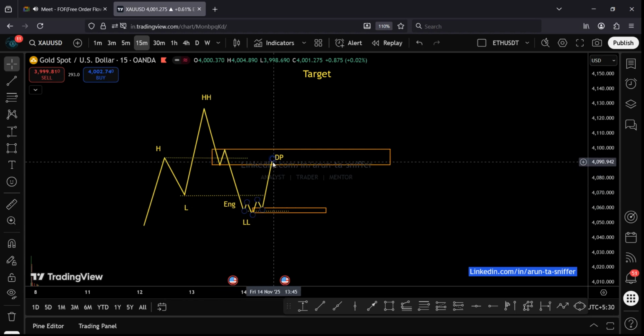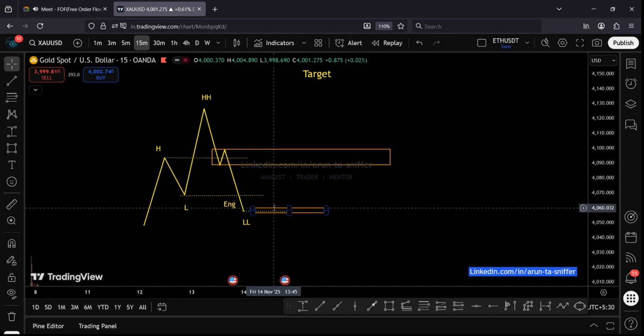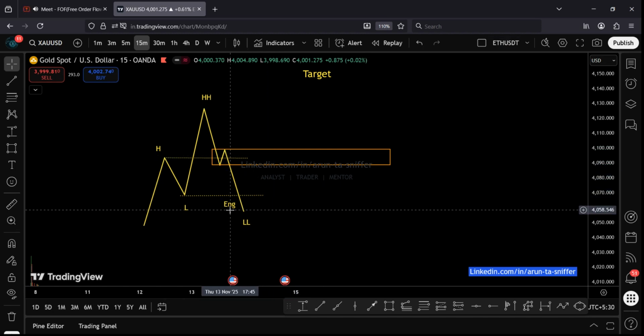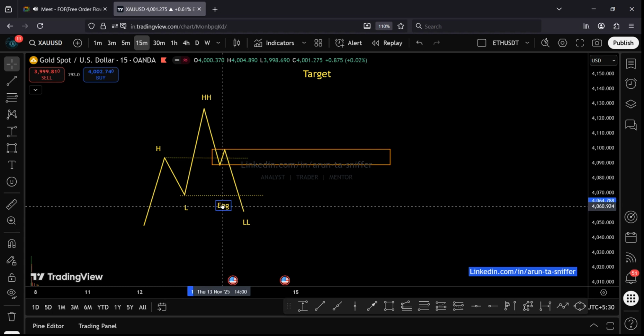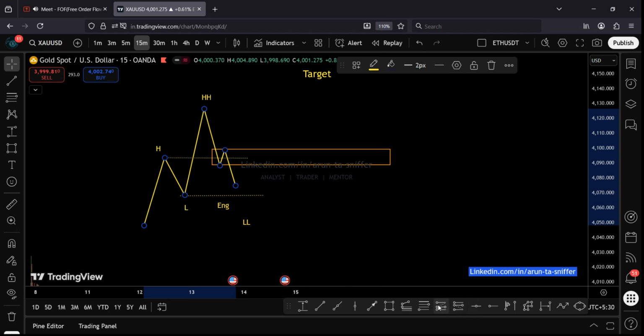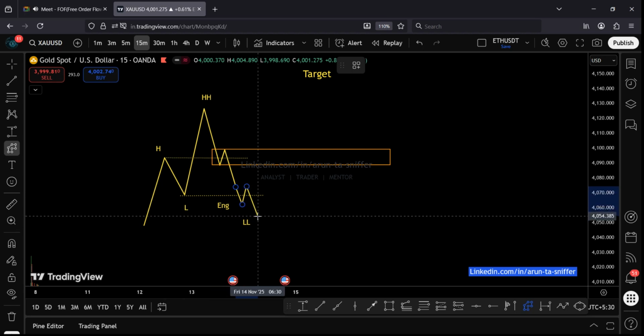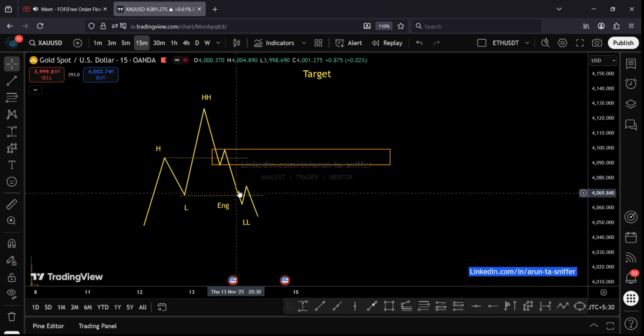And while reaching the DP, what does price do? Price does a fake out, but fake out is also a form of engulf. How? Let's see. Let's delete this. Okay, while coming back, what can price do? Price comes here and here like this. Price may come like this, right?